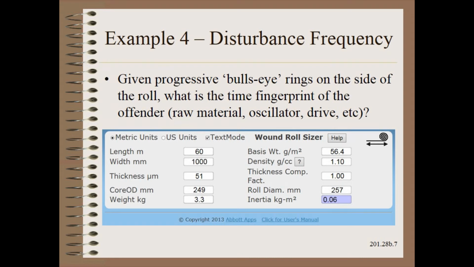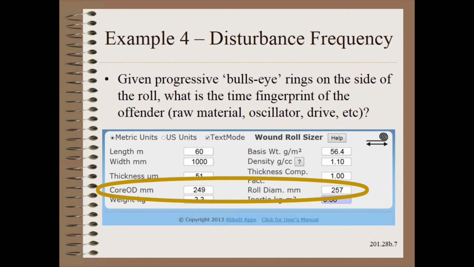So, given similar inputs as before, we note that one ring was at 249 millimeters and the next at 257 millimeters. Note that using 10 rings and dividing by 10 will give you much more accurate spacing, but the principle is still the same. In any case, we trial and error different lengths until the roll diameter, which is essentially the outer ring for this purpose, matches.